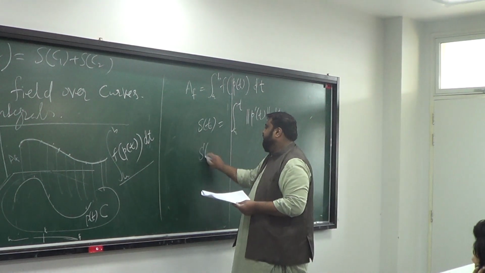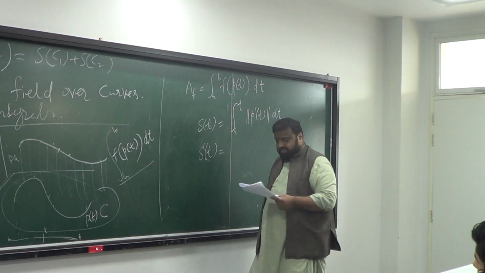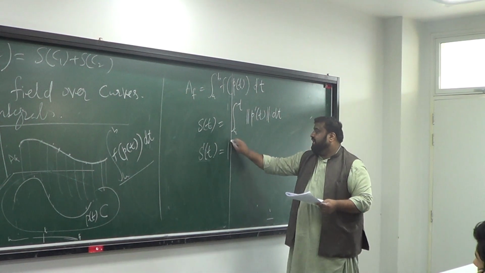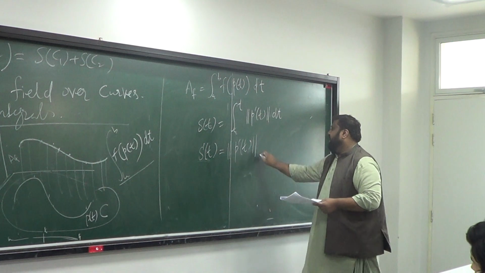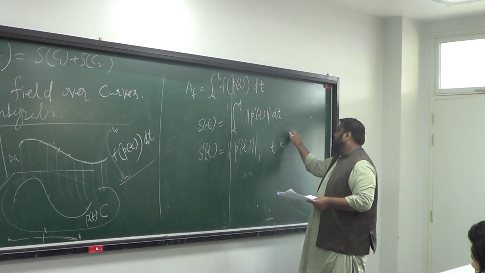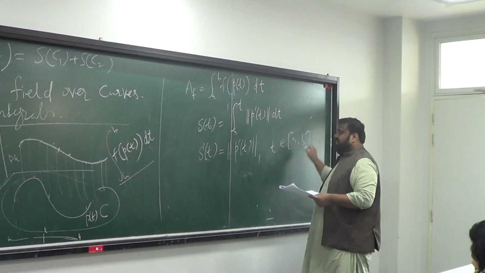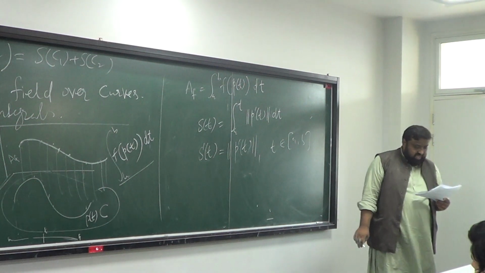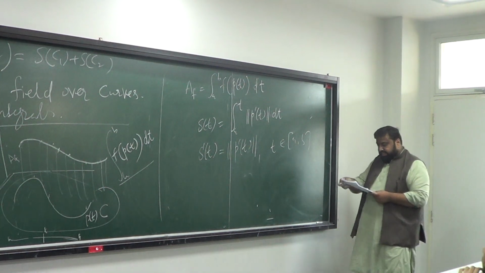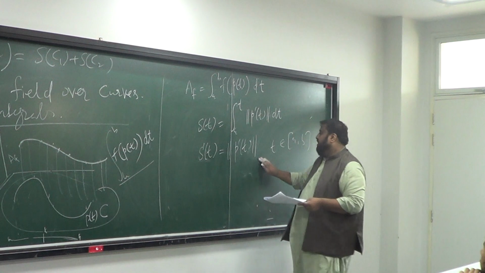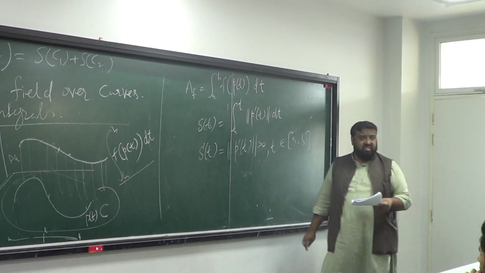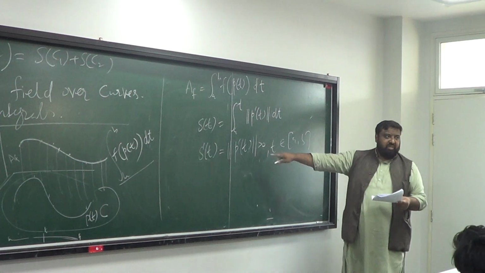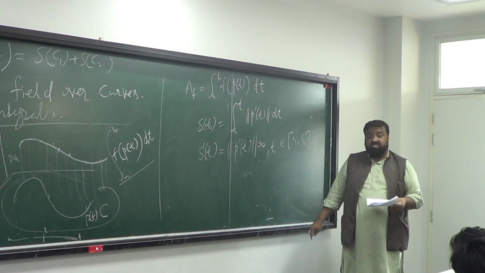So s prime of t is going to be what? It's going to be the magnitude of p prime of t, and this is true for all t in the interval a to b. Okay? And I know that this number is always positive.